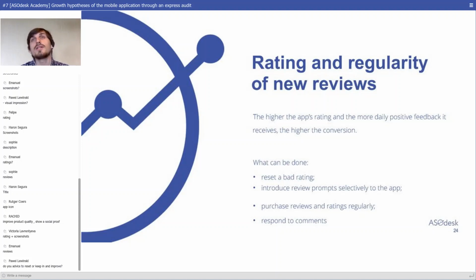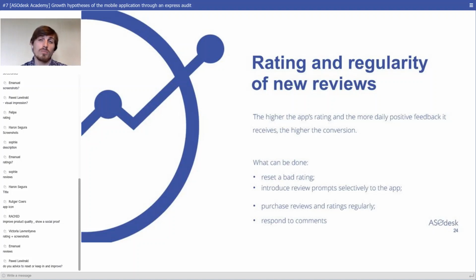And there was another very nice presentation from the ASO experts from Feature company, and they shared a very nice table of analysis of review prompts and pre-review prompts to ask users for a rating or for a review.